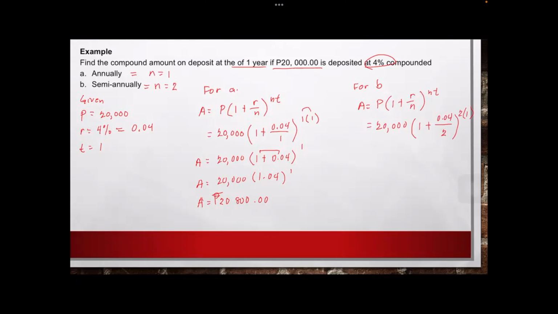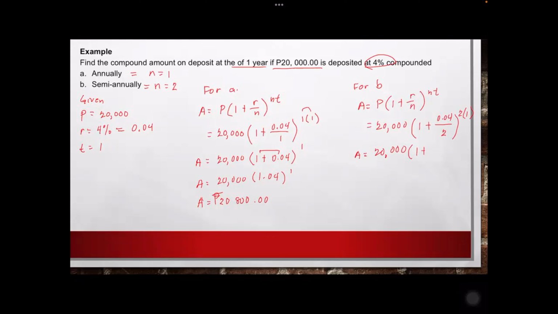Yung N natin ay 2, ang time natin ay 1 year. So, A equals 20,000 times (1 plus 0.04 divided by 2).